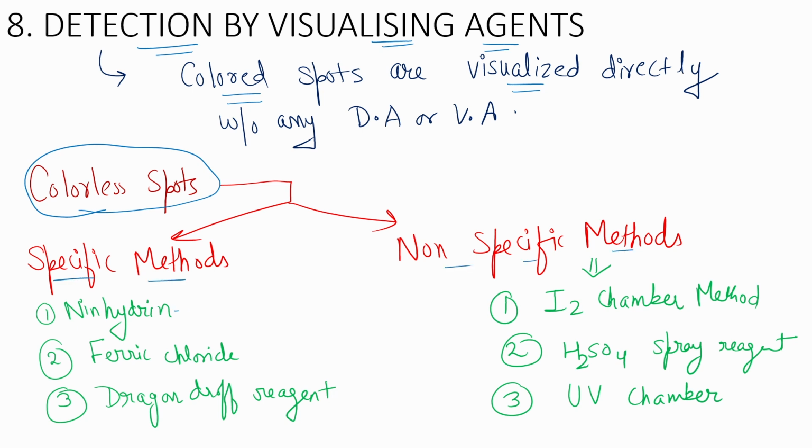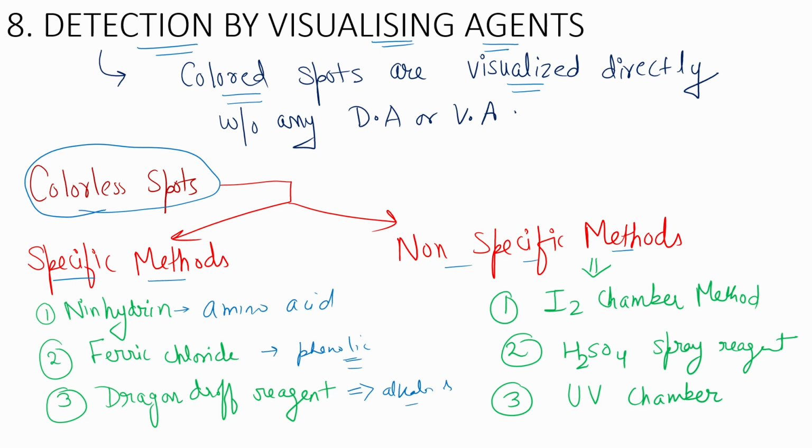Specific method refers to a specific reagent for specific types of entities which have been separated. For example, for amino acids, we can use ninhydrin solution. Similarly, ferric chloride can be used for phenolic compounds, the compounds which contain phenol in them. And Dragendorff's reagent can be used for alkaloids.